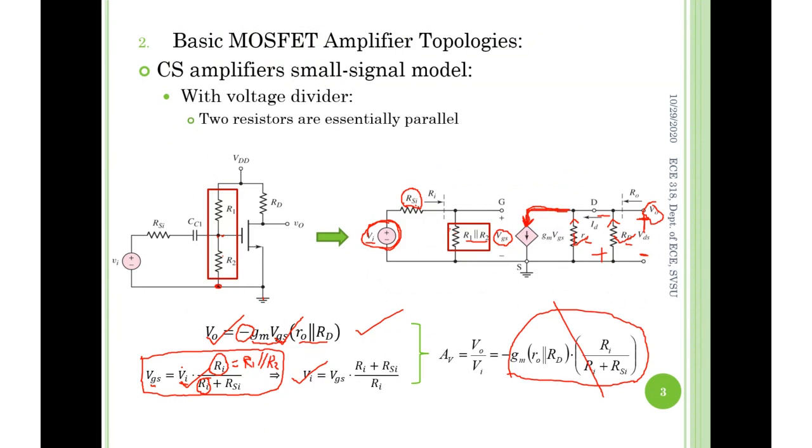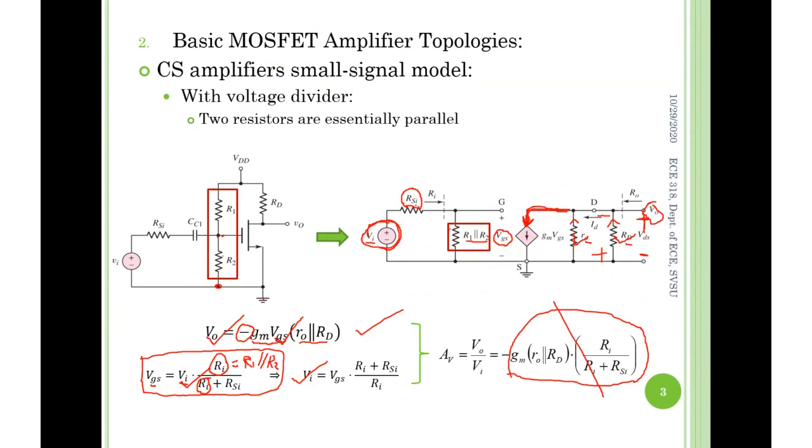V naught over Vi, correct. But how to conduct this algebra? Put an equation for V naught, and an equation for Vi. That's basically right, but be careful. Both the V naught and Vi equations are in terms of the same variable VGS.